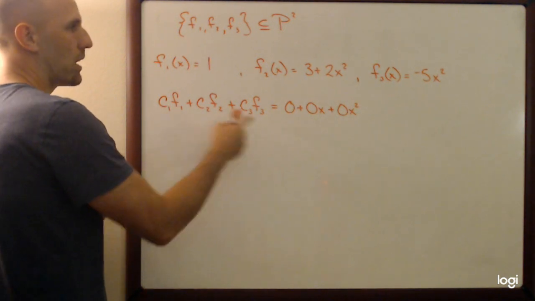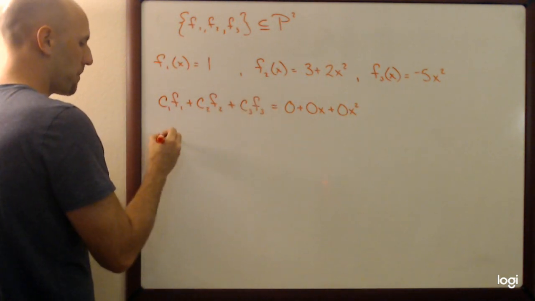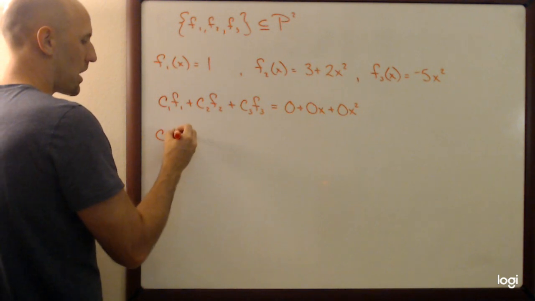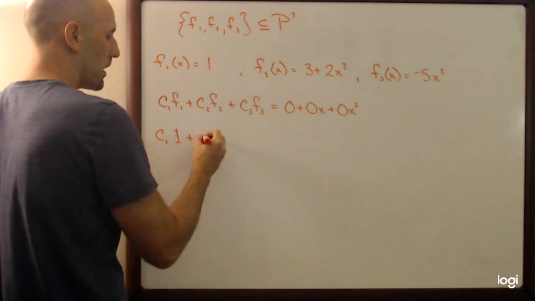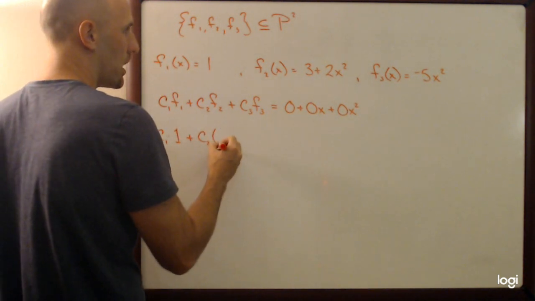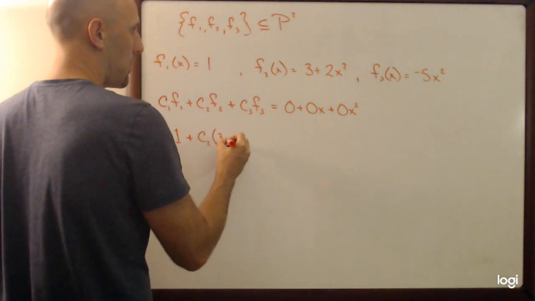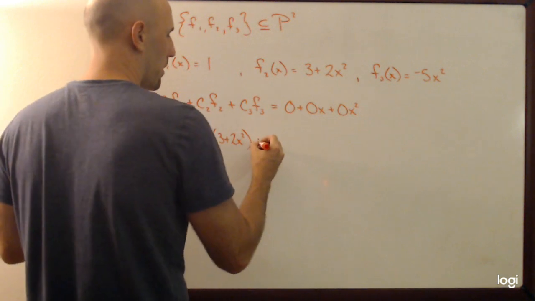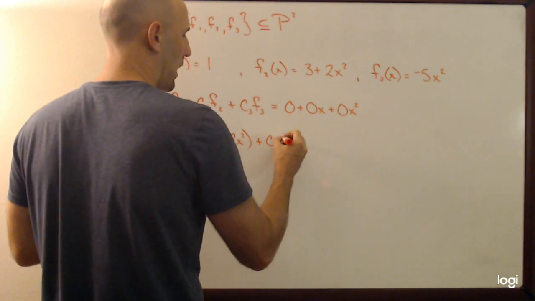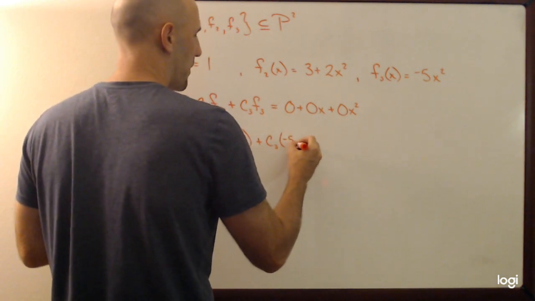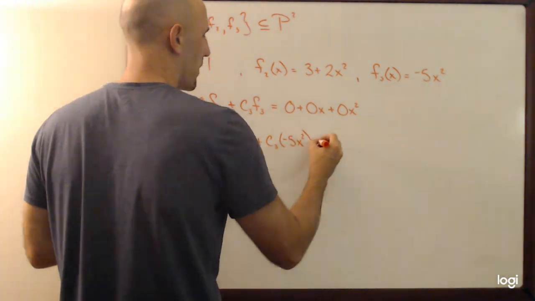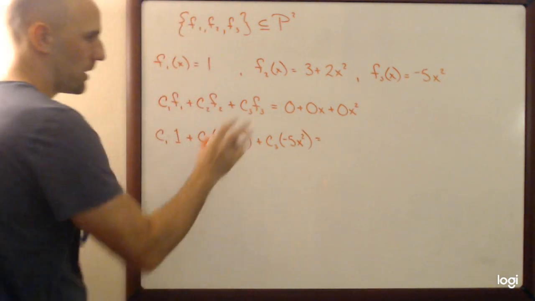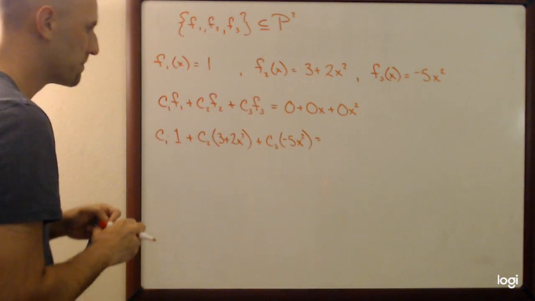Okay, plugging in F1, F2, and F3 here, I get C1 times 1 plus C2 times 3 plus 2x squared plus C3 times negative 5x squared. Okay, I'll leave the right-hand side because it's not going to change.